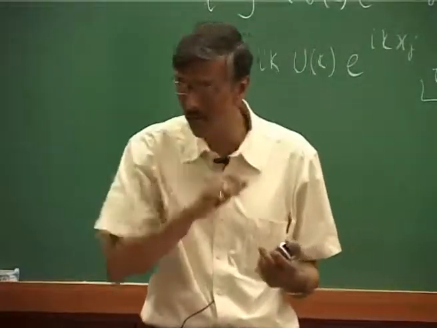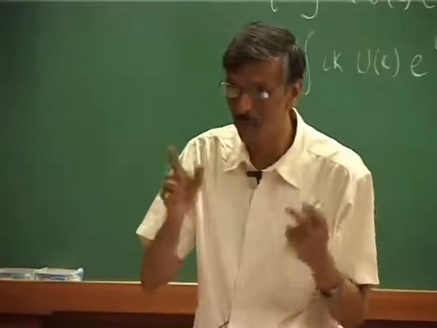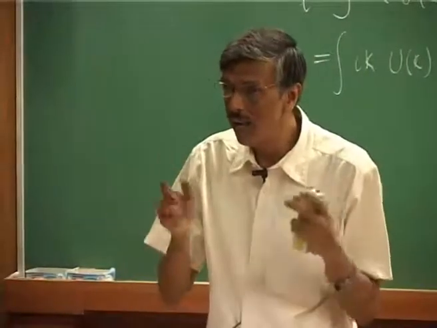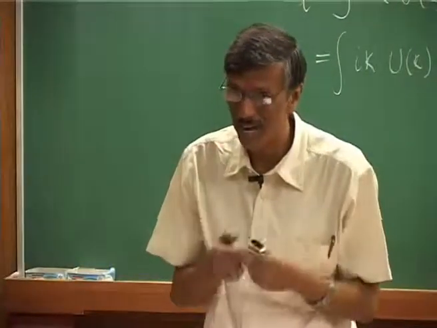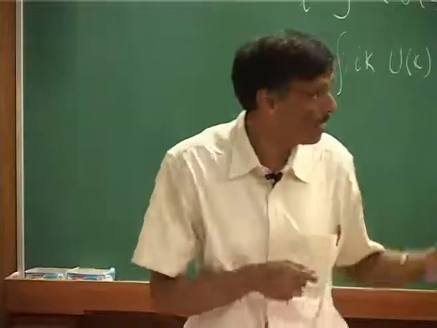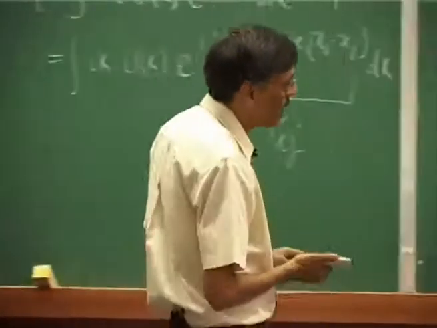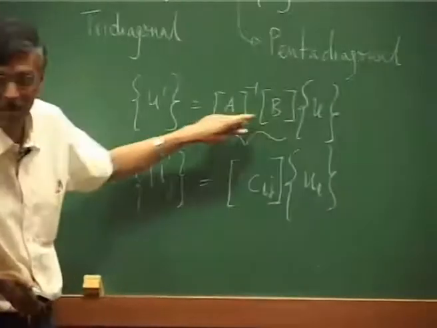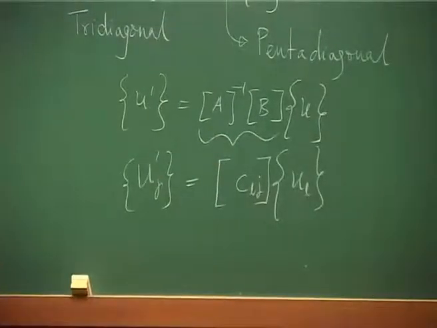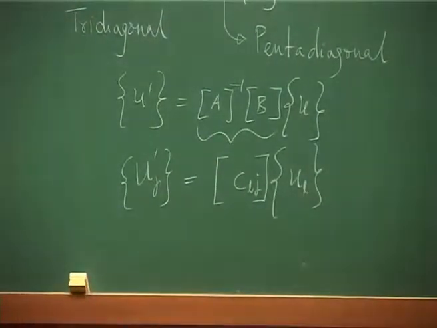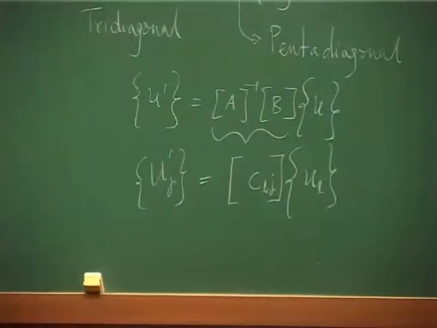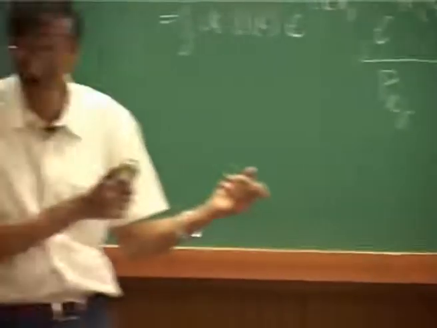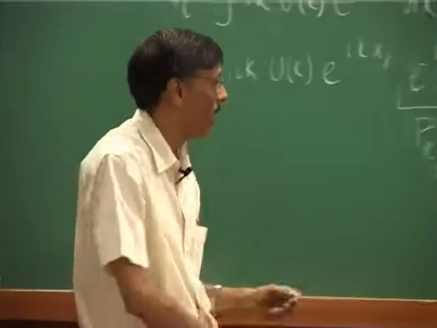Those boundary closures, closing the boundary points, would still bring us to one sided schemes. And as you now have seen, if I have this A and B matrix which are not perfectly central, because the first row and the last row will have to change because of lack of information from outside the domain, we will have to keep one sided analysis.